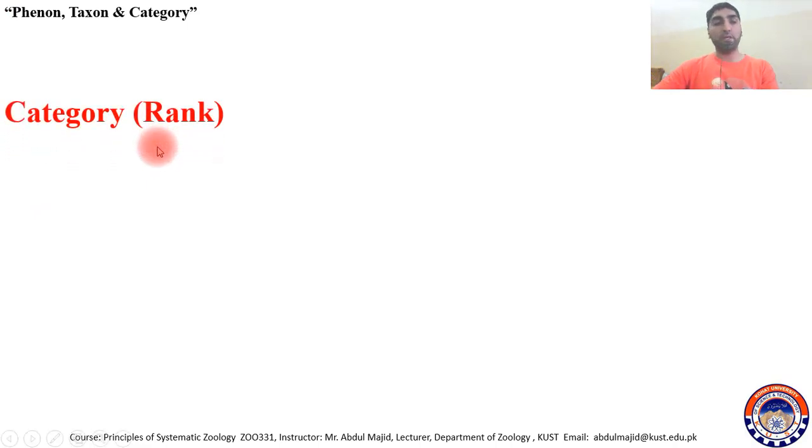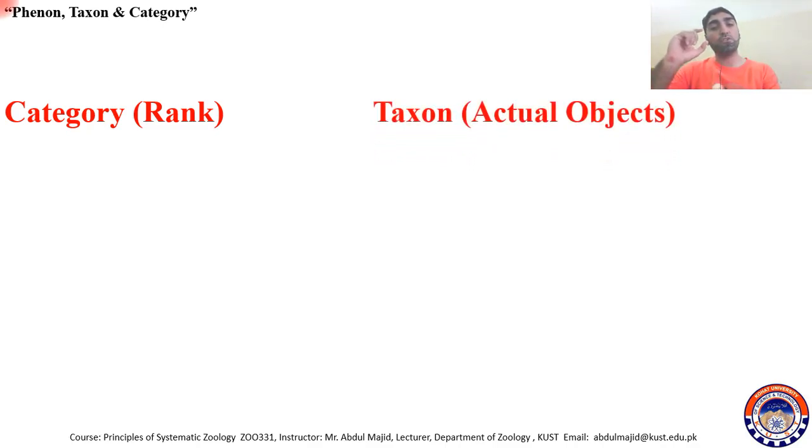Now let me explain a little bit what a category is. A category is actually a rank, and a taxon is the actual object. For example, if I tell you that I have a friend who is a professor, you will think that a professor is in grade 21 or 22, but you don't know the actual person.